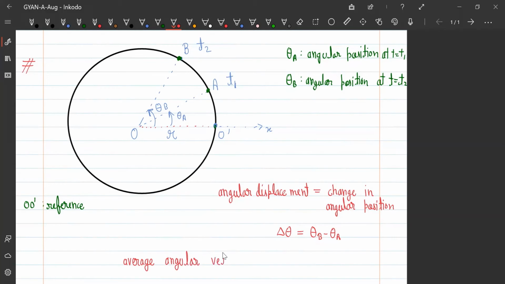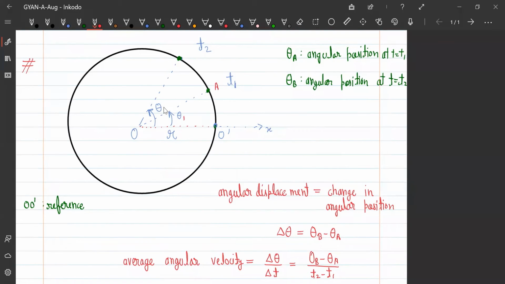Angular velocity, पहले average velocity figure out करते थे, अभी average angular velocity. So average velocity is displacement upon time taken. Delta theta upon delta t. That would be theta B minus theta A upon t2 minus t1. और similar करने के लिए let me write this as theta 1 and theta 2.